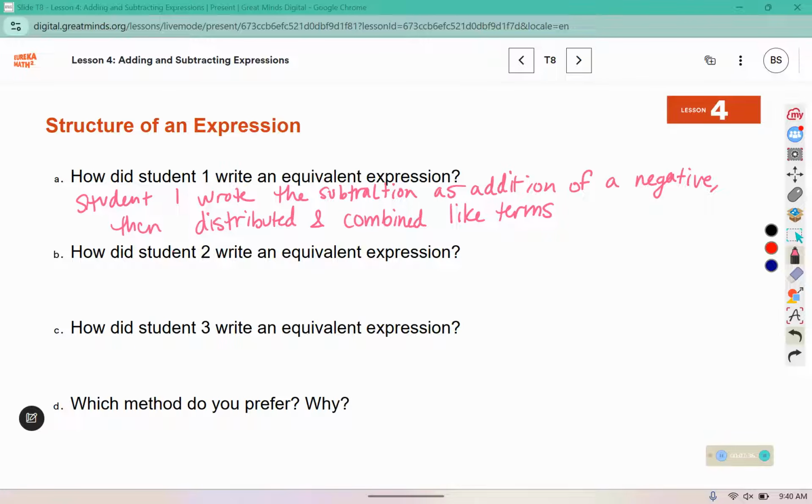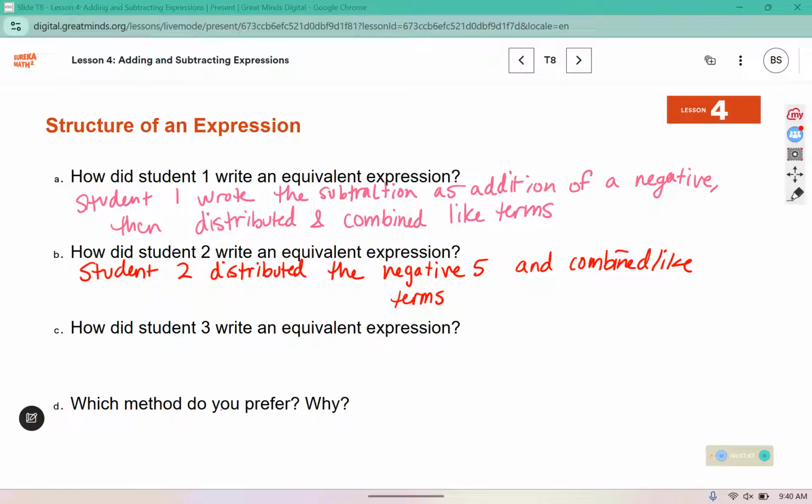Student 2 used the distributive property with the negative as it stood. How did student 3 write the expression? Well, student 3 used the distributive property to combine the like terms, and they thought of the entire expression x plus y as a like term.